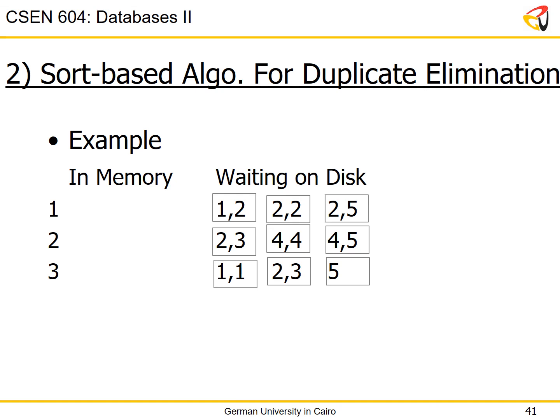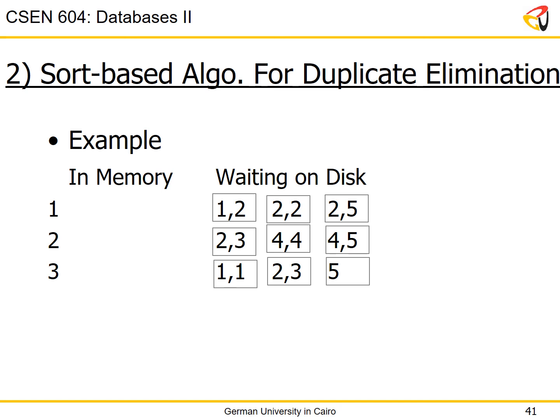with the following restriction that I can only fit 3 pages in memory. And this will always be the case. The content of the table is much bigger than the memory. So I'm assuming here I just have 3 memory slots, just to show you how this is done. So what I'm going to do is I will load 3 of the pages from disk.